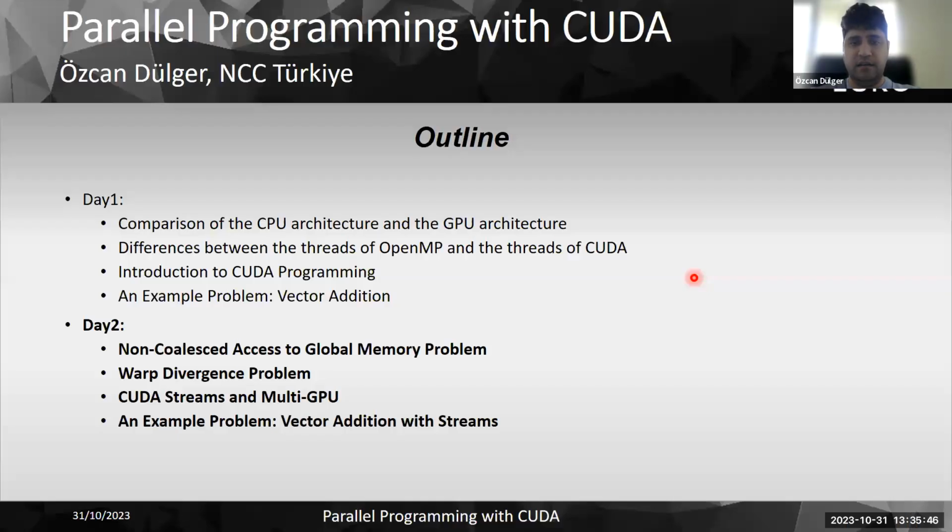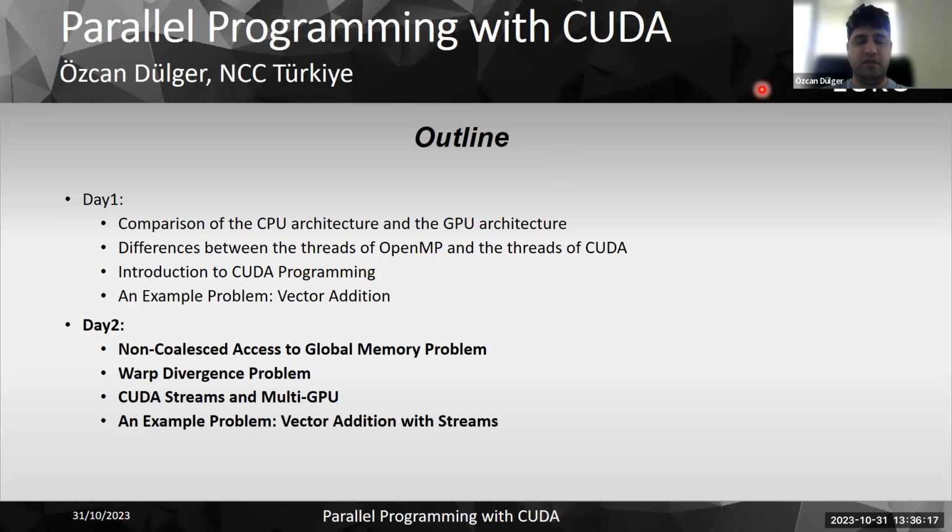Let's start the issues in the second day of our training. Today, I will show you two common problems on the GPU. One of them is about the non-coalesced access to the global memory. The second one is about the warp divergence problem. Then I will show you the CUDA streams and multi-GPU approach in CUDA programming.